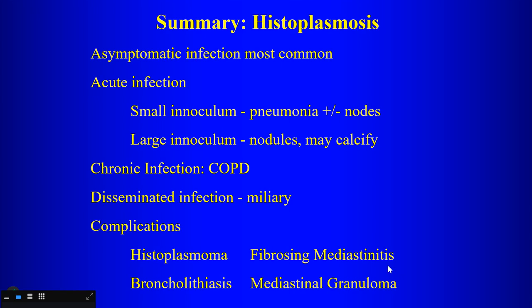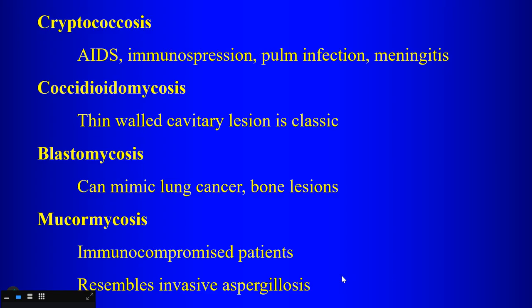The complications to know: histoplasmoma, fibrosing mediastinitis, broncholithiasis, mediastinal granuloma. Crypto can affect patients with AIDS, patients who are immunosuppressed: pulmonary infection, meningitis. The CNS is a very common extrathoracic site of spread for crypto. Coccidio, the classic lesion, the sequela, is a thin-walled cavitary lesion.